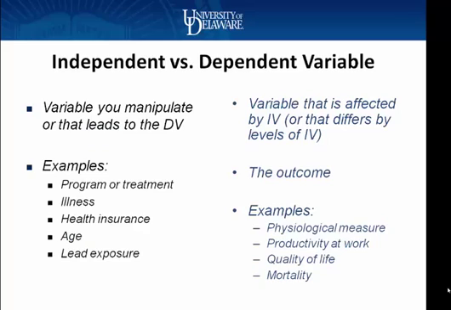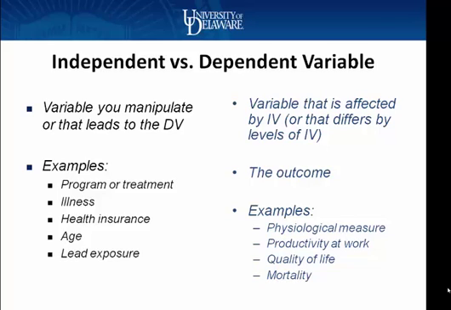And this is just a quick reminder of what the IV and the DV are. When you're looking through, you need to make sure you understand that the variable that you manipulate or that leads to the outcome is the independent variable. So if someone's discussing an intervention and they're saying this program successfully helped people stop smoking, that's your IV.